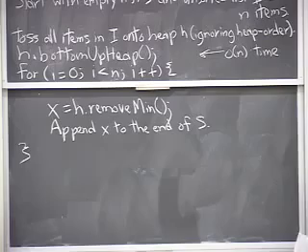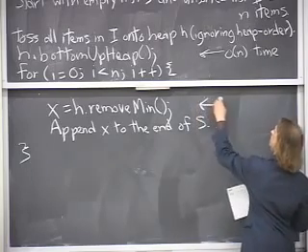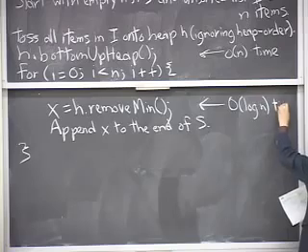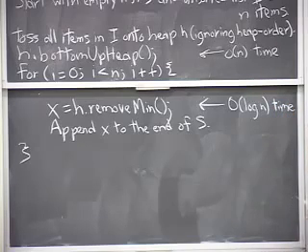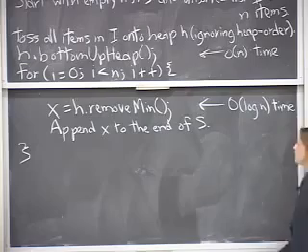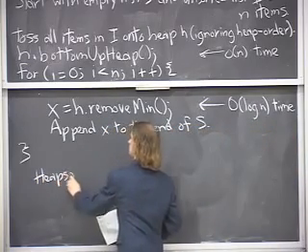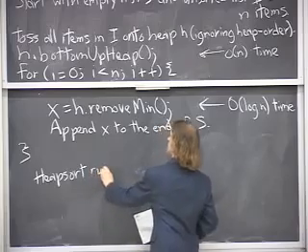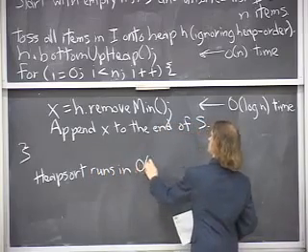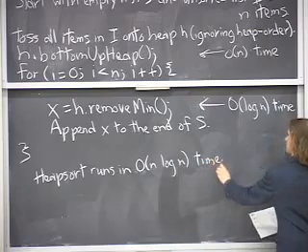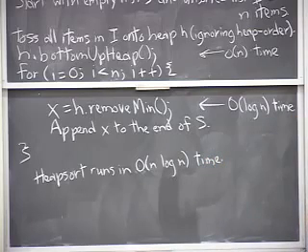Now, the removemin operation, you recall, takes log n time. And so heap sort is a big O of n log n sorting algorithm. Any questions about that?